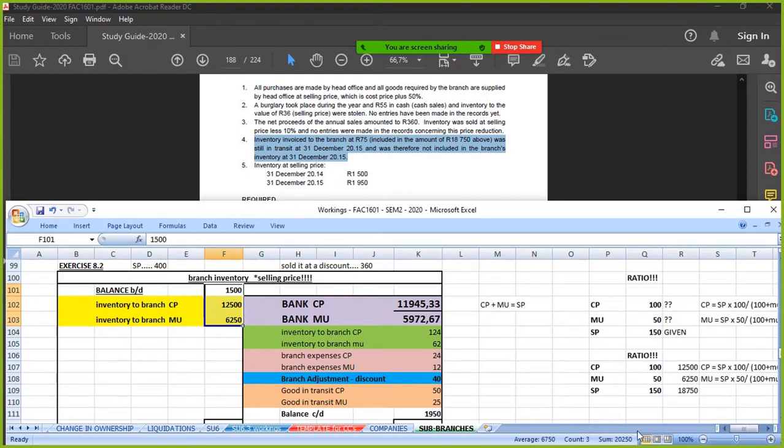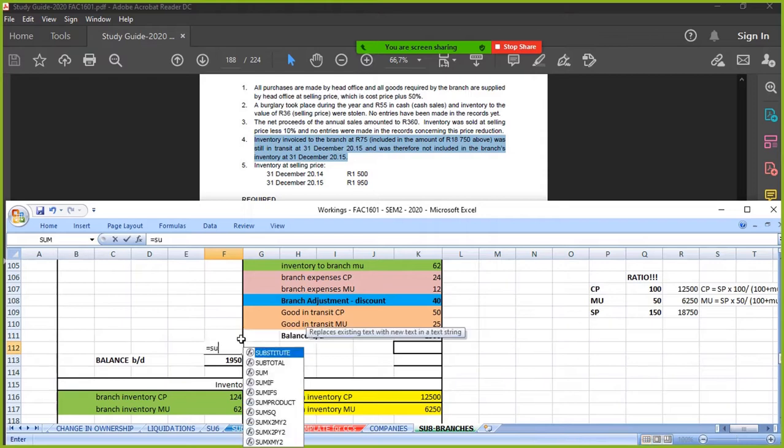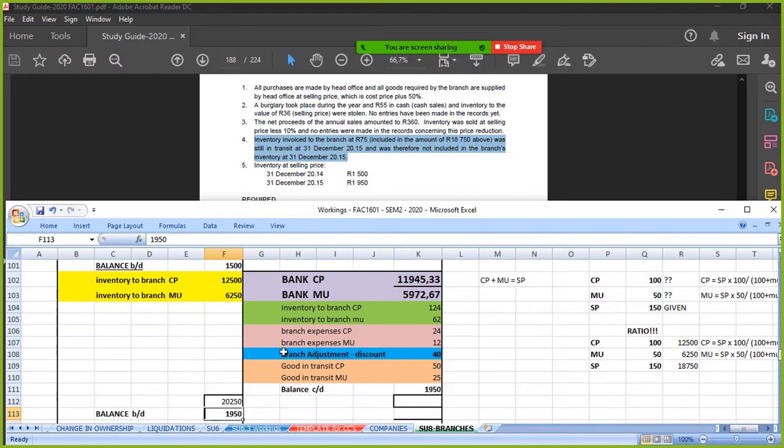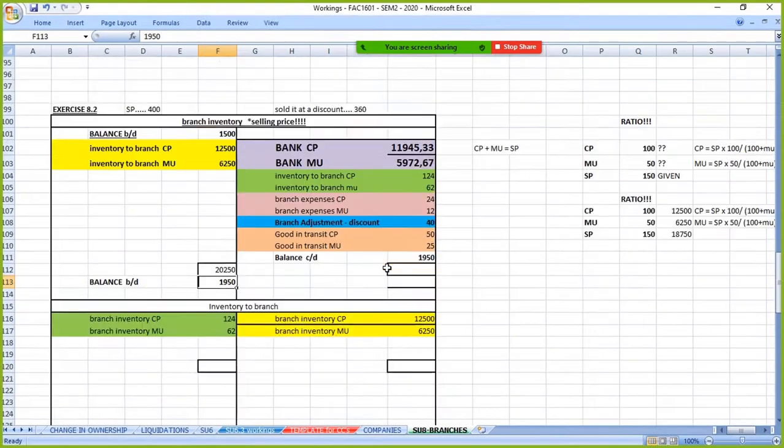This one is 20,250. Ooh, I'm not seeing which side's bigger. They're very similar. Okay, there's the total for the one. And then the sum up. Here's the total for the other.